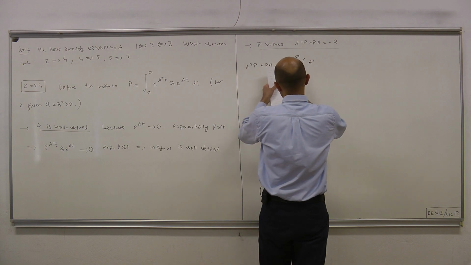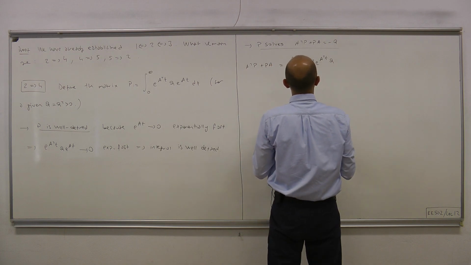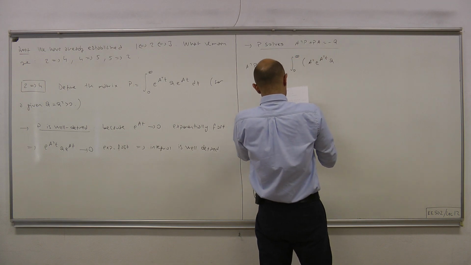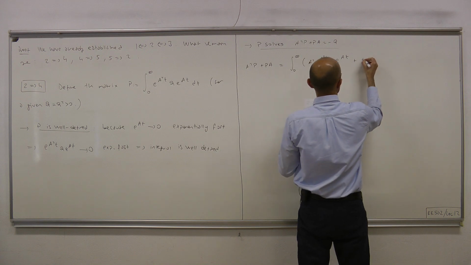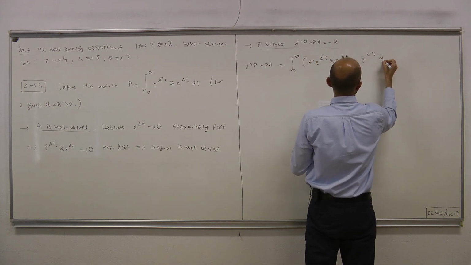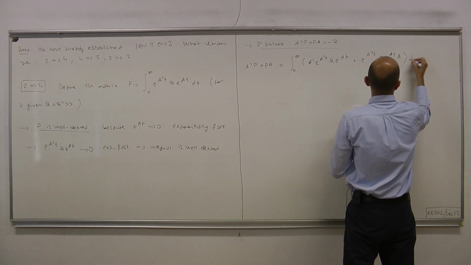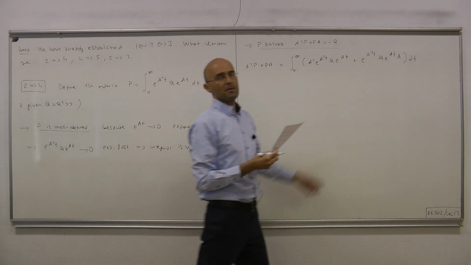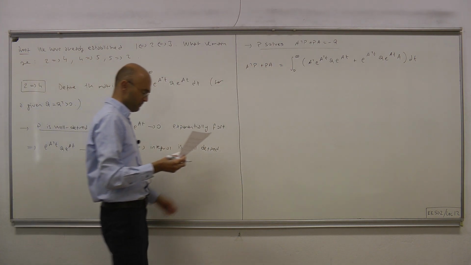A transpose e to the A transpose t, Q, e to the At, plus a similar term, e to the A transpose t, Q, e to the At, A. Now this term is our integrand.